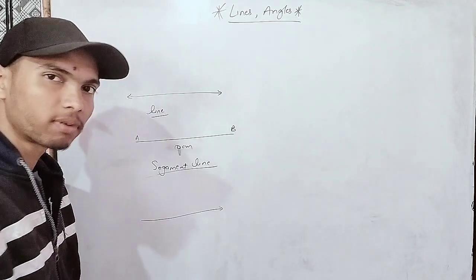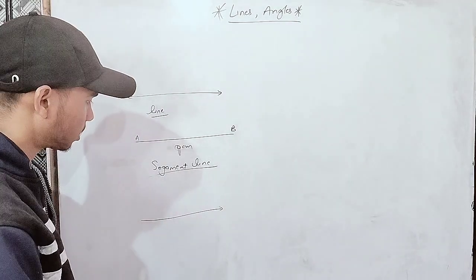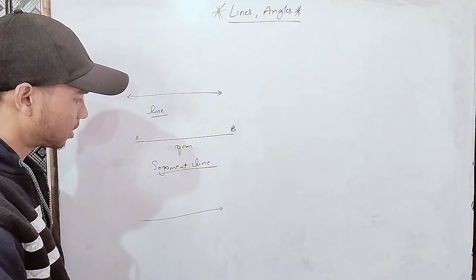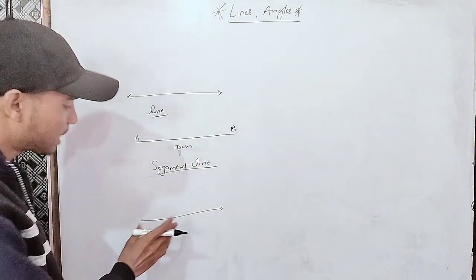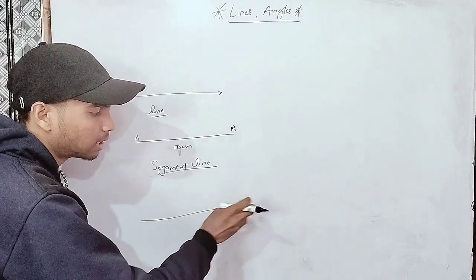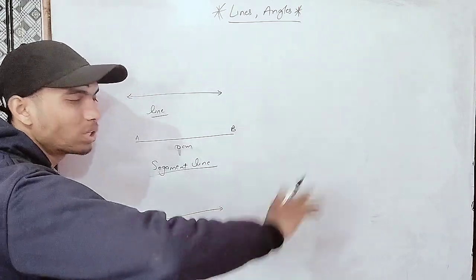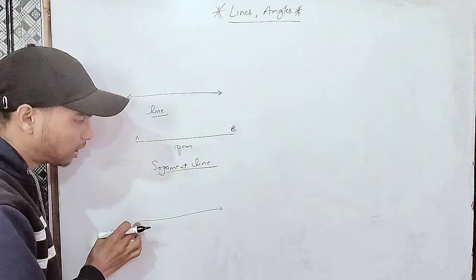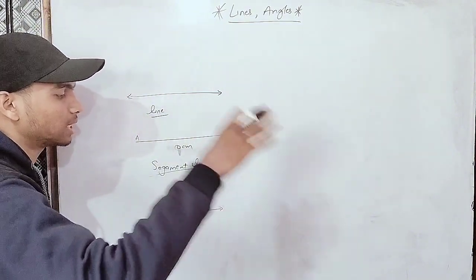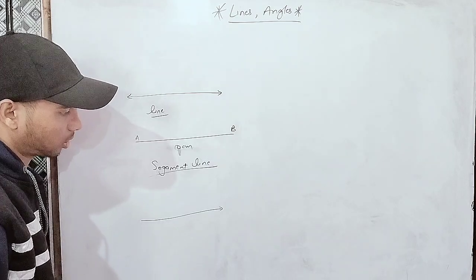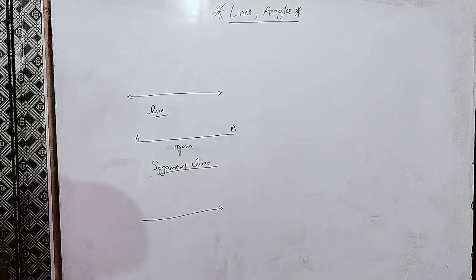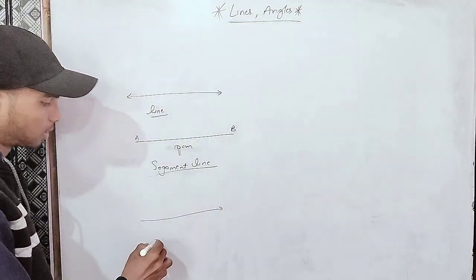So this type of line will be known as an arrow line. It is saying that this is an end, but the arrow is going forward from here, in this direction. You can say arrow line.